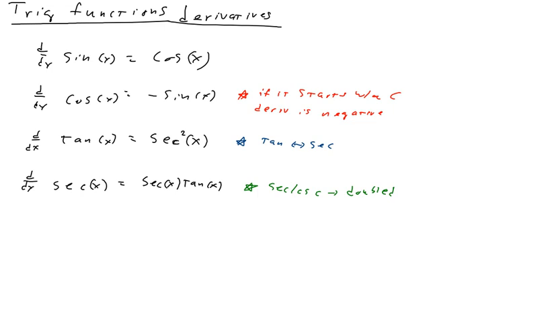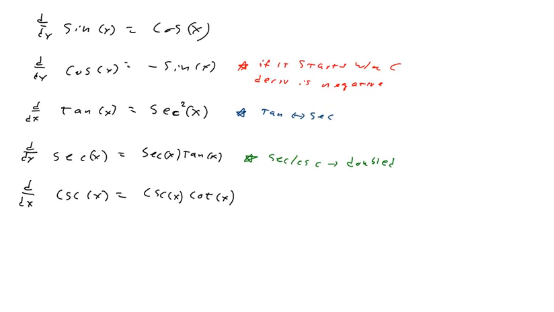The last connection we have is cotangent and cosecant are connected together. Just like tangent and secant are together, cotangent and cosecant are together. Secant is secant tangent, cosecant is cosecant cotangent.